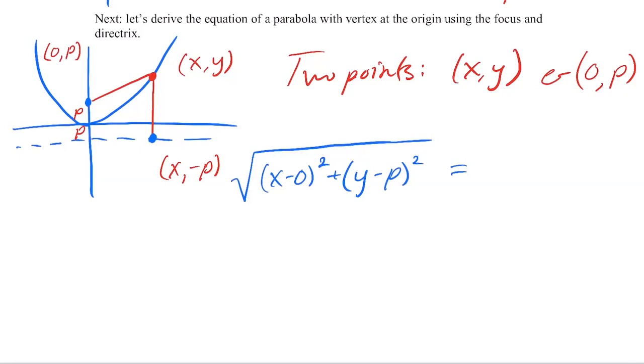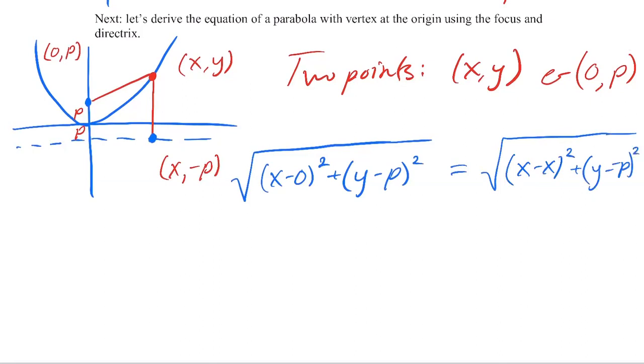So for my other distance, I would have the square root of x minus x quantity squared plus y minus a negative p quantity squared.